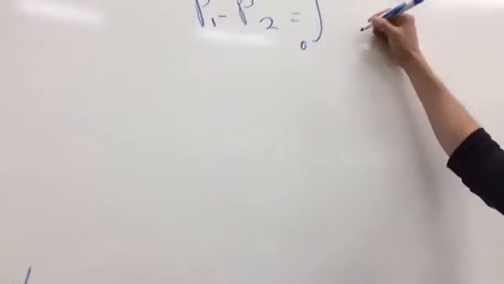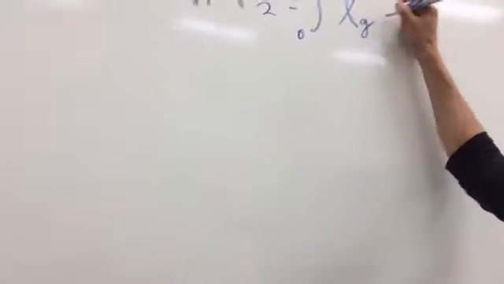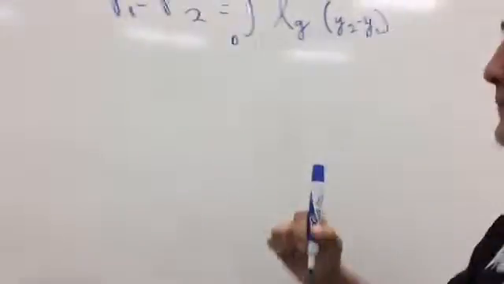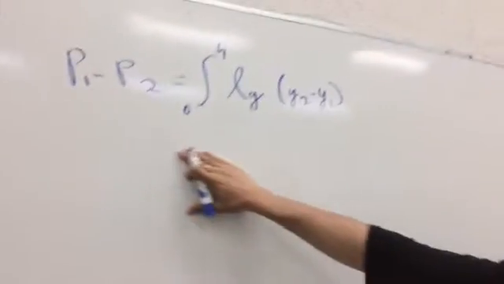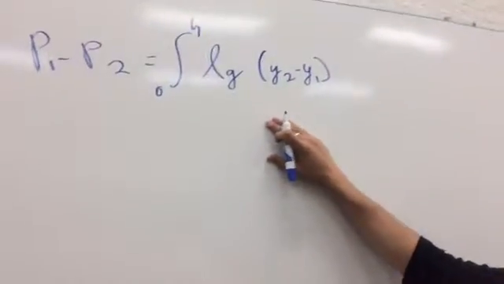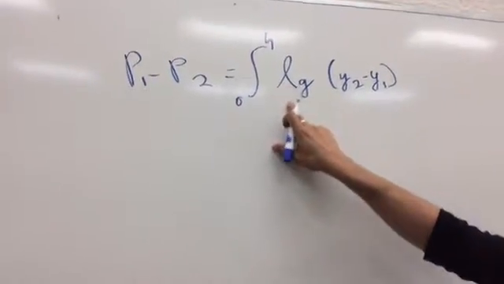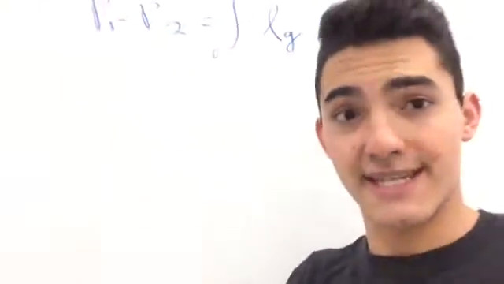Here we'll have the density, gravity, and y2 minus y1. The integral has to take into account the density, which is the one that changes.